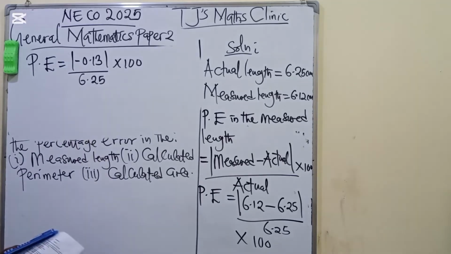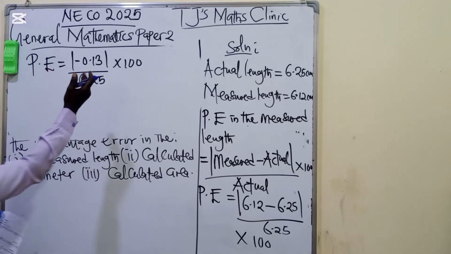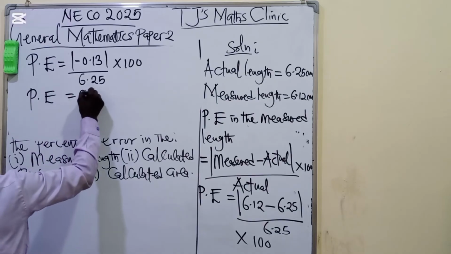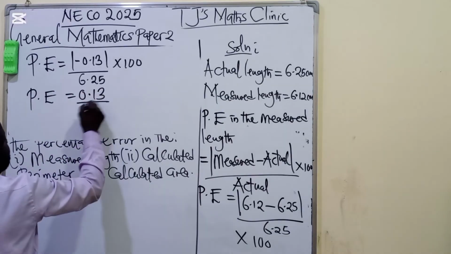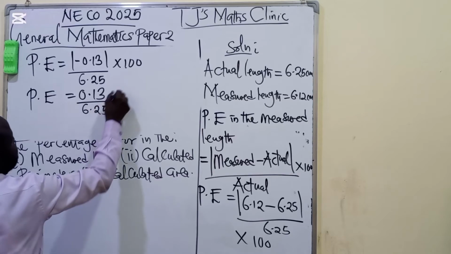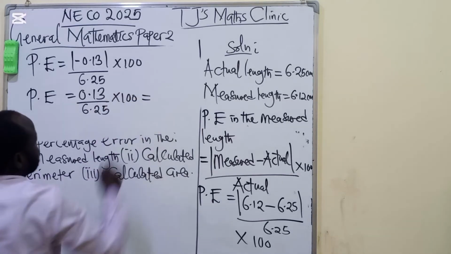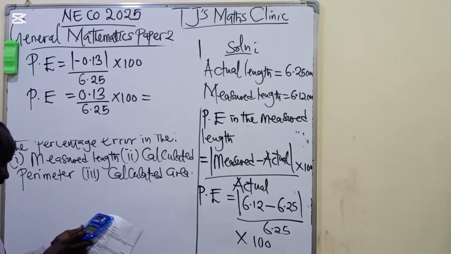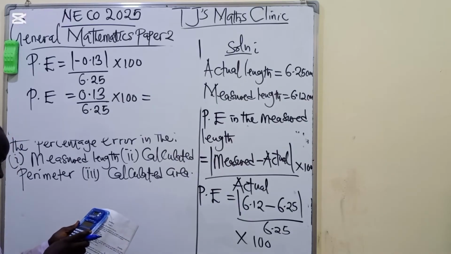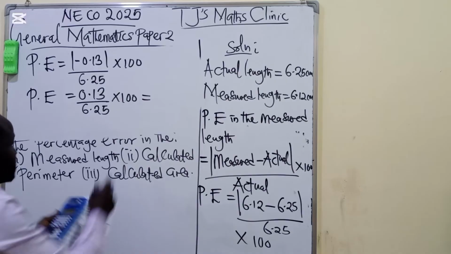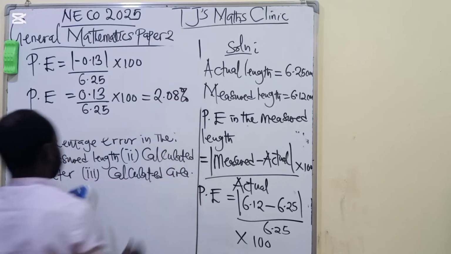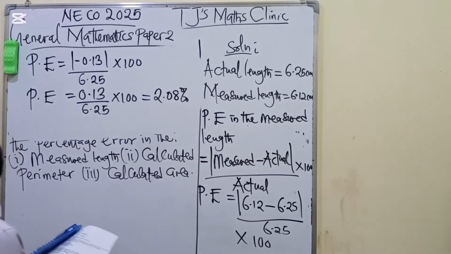When we take the absolute value of this negative number, it will be positive. So the percentage error will be 0.13 divided by 6.25 times 100. What are we going to get? We have 2.08%. This is the solution to Roman numeral 1.